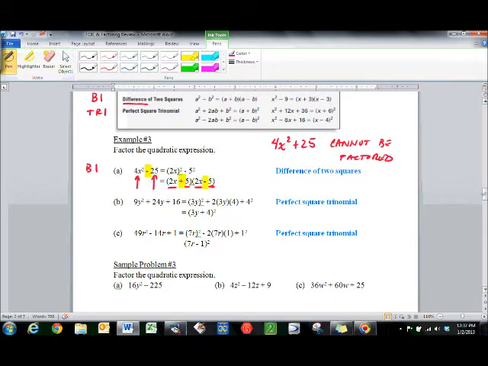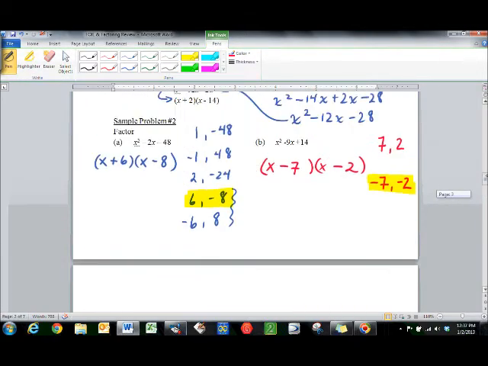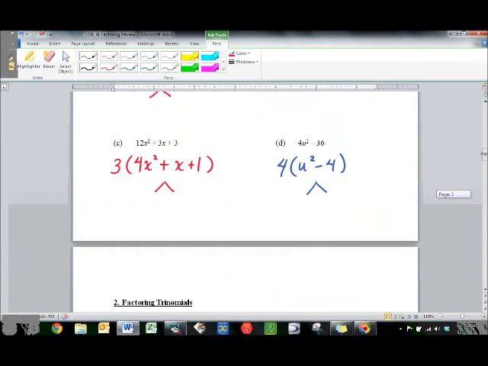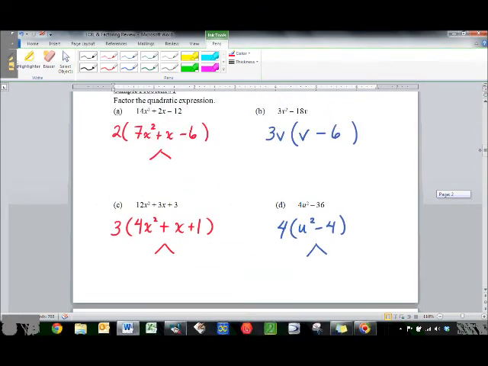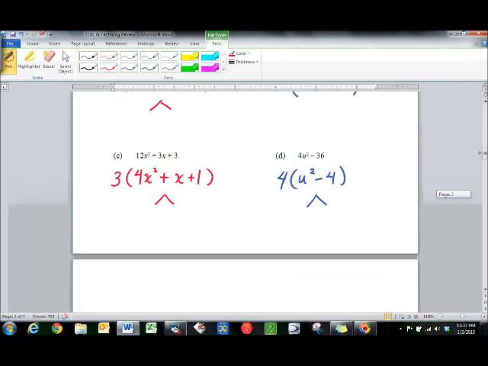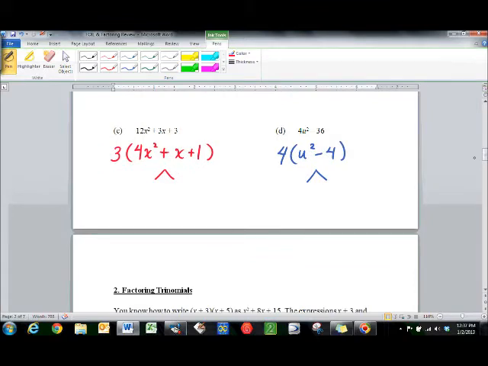Now, if I could digress for a moment, I'll take you back up to our original problems where we were factoring out monomials. If you look closely at part D, you have u squared minus 4. Well, u squared is a perfect square, and this can be broken up into u and u.